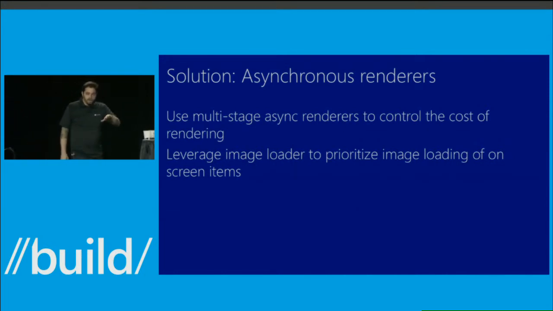And so one of the neat things that we have in the asynchronous pipeline is we actually have an image loader, which manages what items are on screen, and it manages what images it should try to load that are associated with on screen, so that we're not loading images that are off screen already if the end user is panning really fast. And so that's still available today.